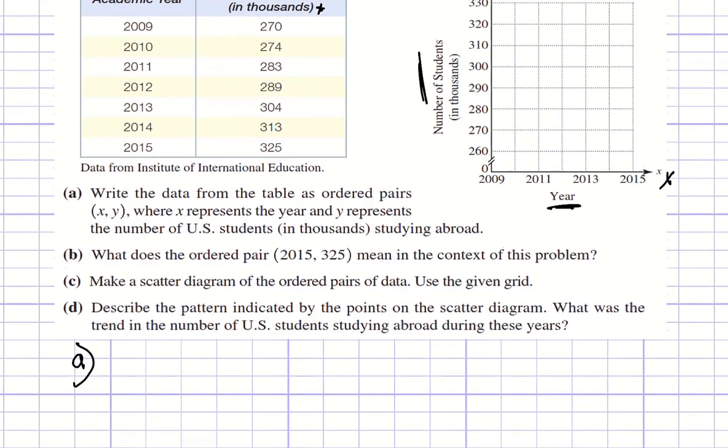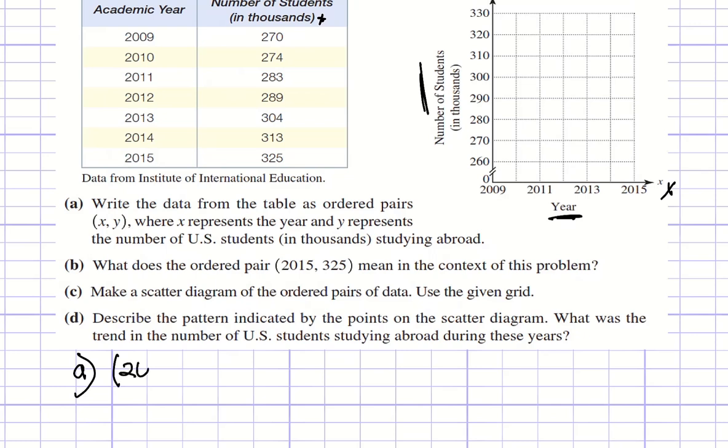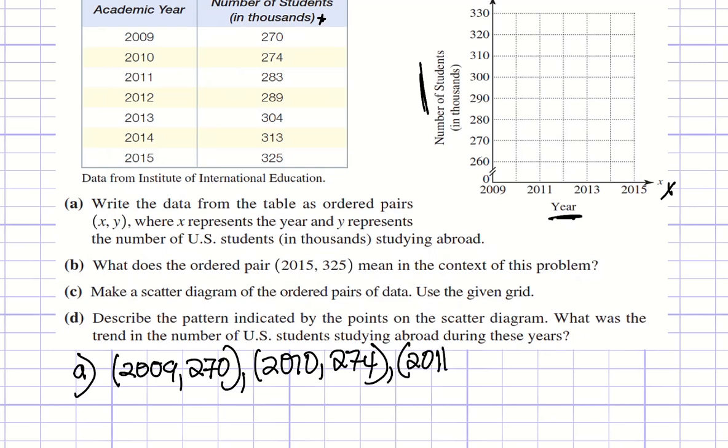So the ordered pair they're talking about is 2009, then the number of students that year is 270. Basically, that's all you're gonna do, pair all of them together like that. 2010 and 274, okay. 2011 and 283. I think it's steadily increasing.